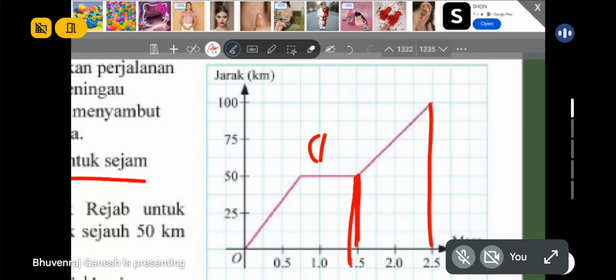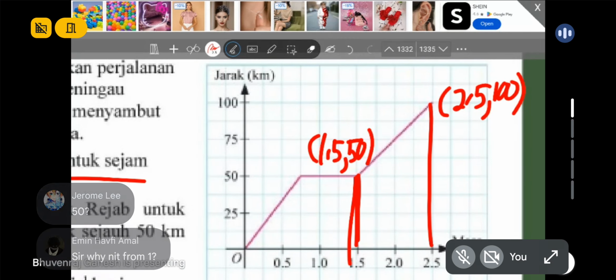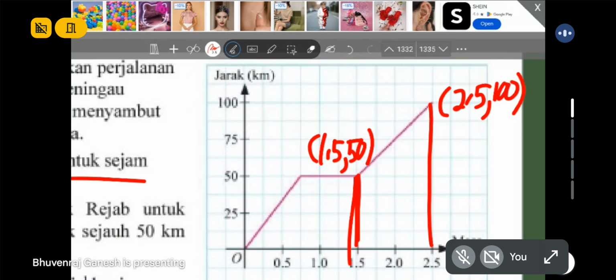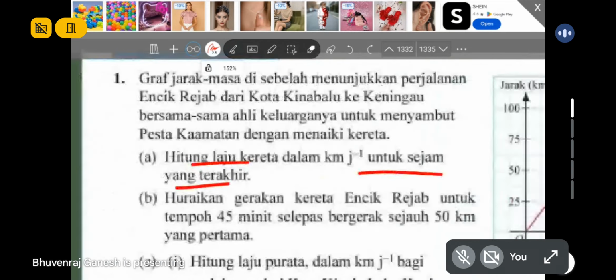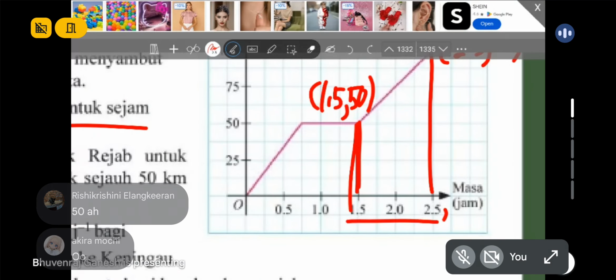So this coordinate is 1.5, 50, and then this coordinate is 2.5, 100. So why not from 1? Because they ask last 1 hour. Understand? Sejam yang terakhir. So 1.5 to 2.5 is 1 hour, and it's the last one.